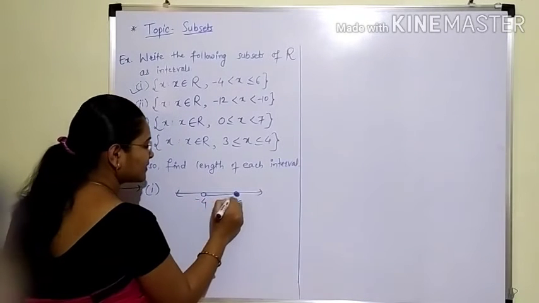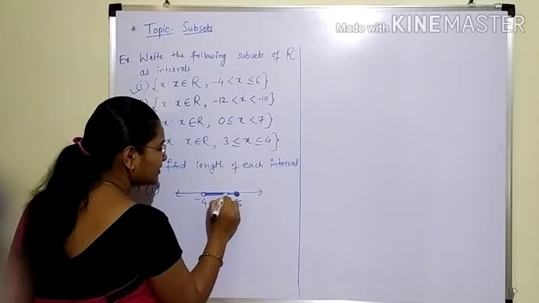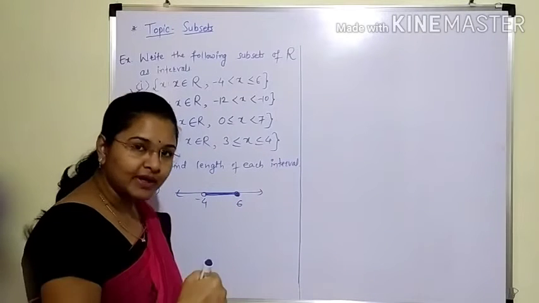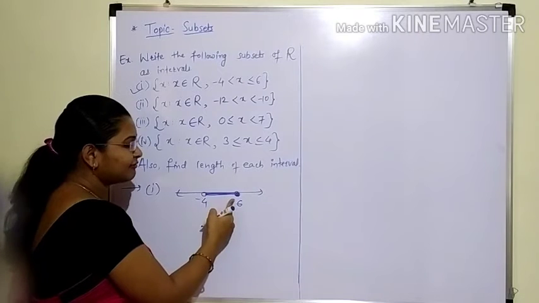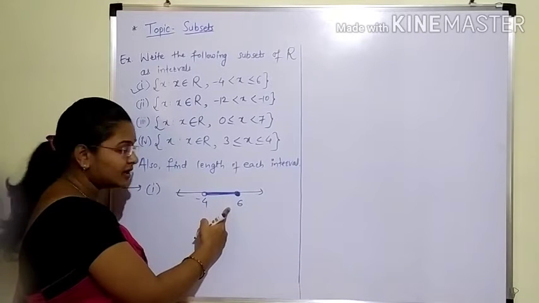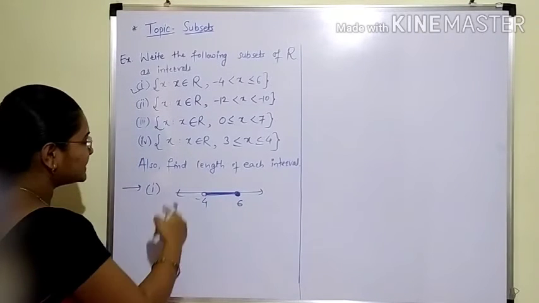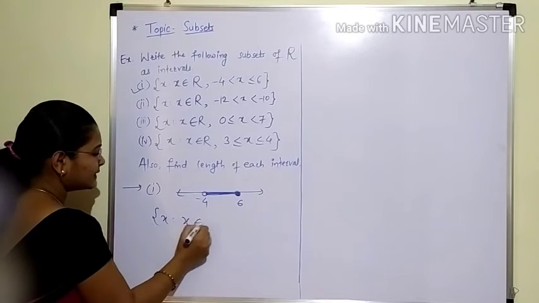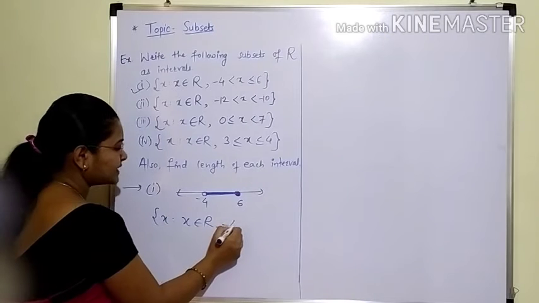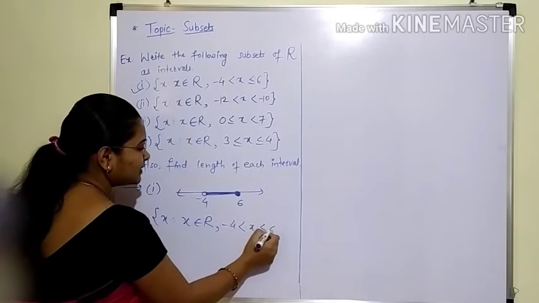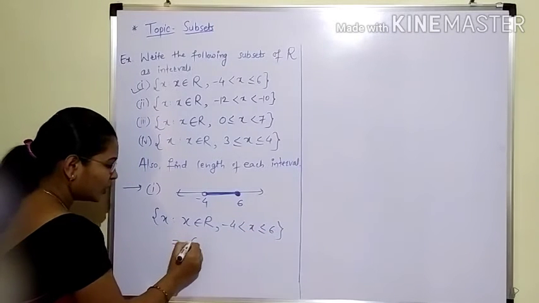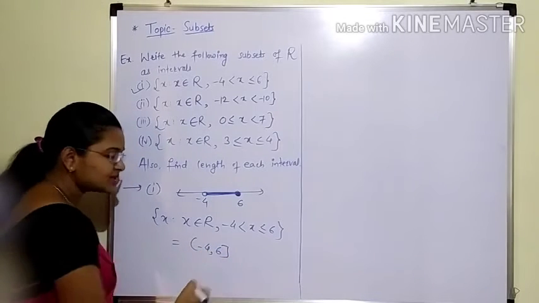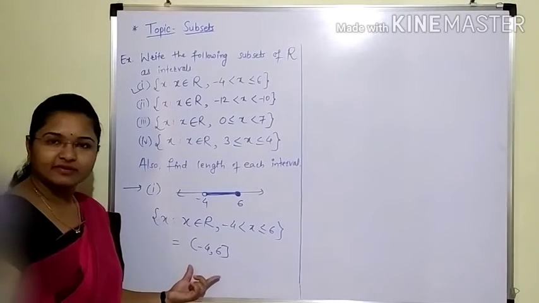Okay, so when we are not including the end point, the interval will be open, and on the other side if we are including the point, then it will be closed. So this interval is equal to set of x such that x belongs to R, -4 less than x less equal to 6, which is equal to open bracket -4, close 6. This is the semi-open interval. Yesterday we have learned this.